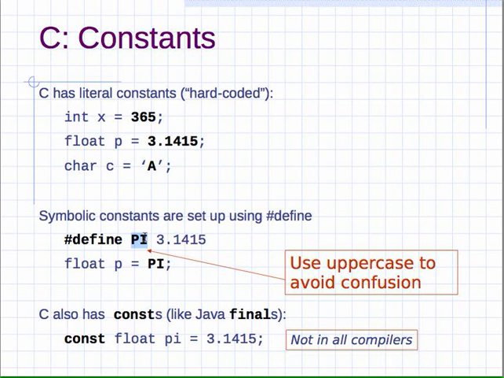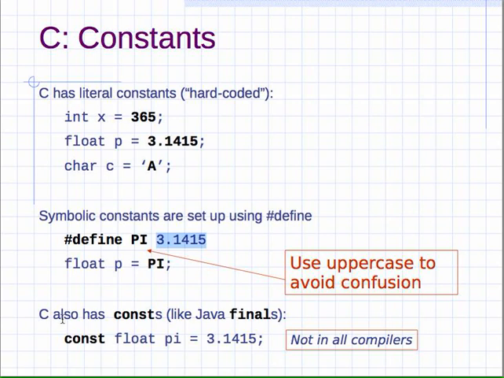It's not required by the C preprocessor that you use uppercase, but if you use lowercase, then you might run into problem situations, because all this pound define does is take every occurrence of this name, pi, and replace it with whatever comes after it. So every occurrence of pi will be replaced by that. If you use lowercase characters here, it might mess up your code. So you want to avoid using lowercase characters in pound define just to avoid confusion.